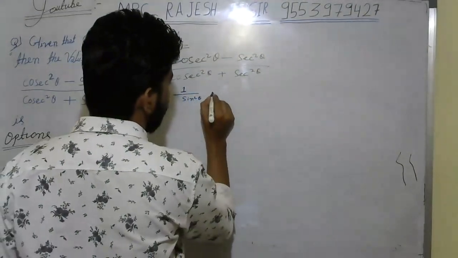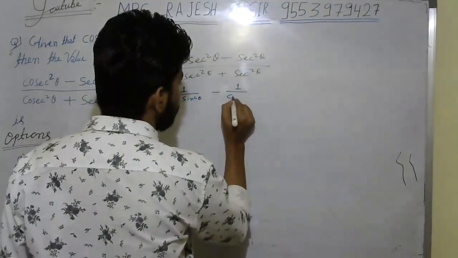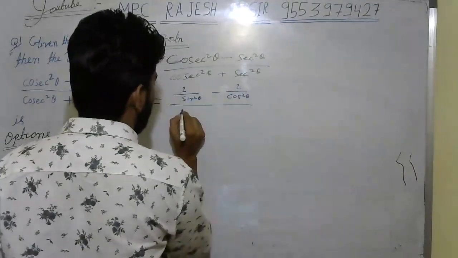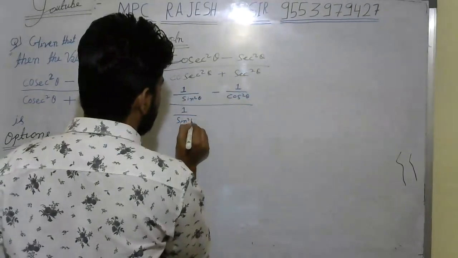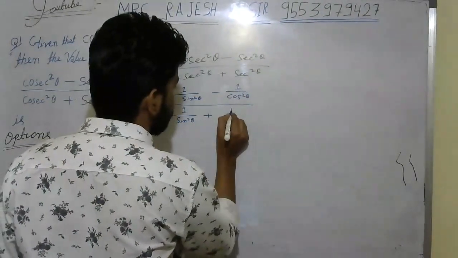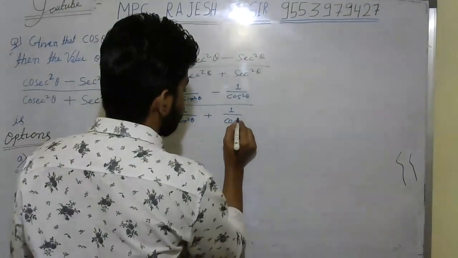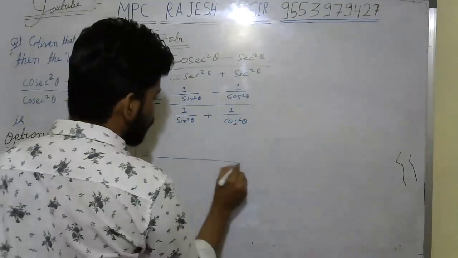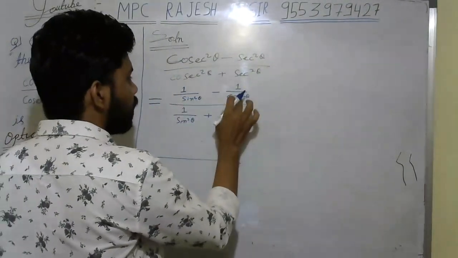sine square theta minus 1 by cos square theta, divided by the same thing here also, 1 by sine square theta plus 1 by cos square theta. Now just do simple mathematics, like 1 by 2 minus 1 by 3.